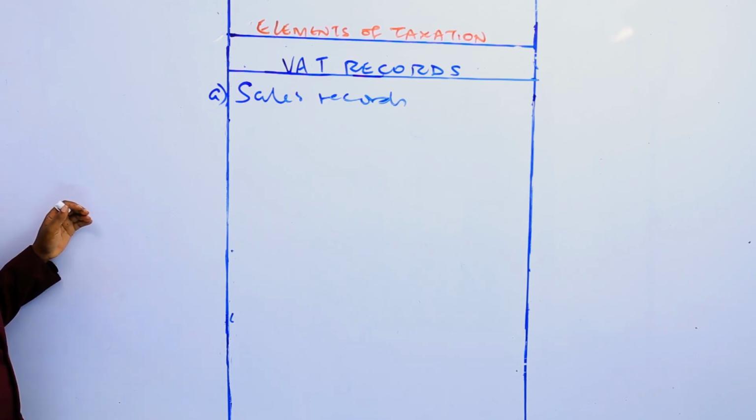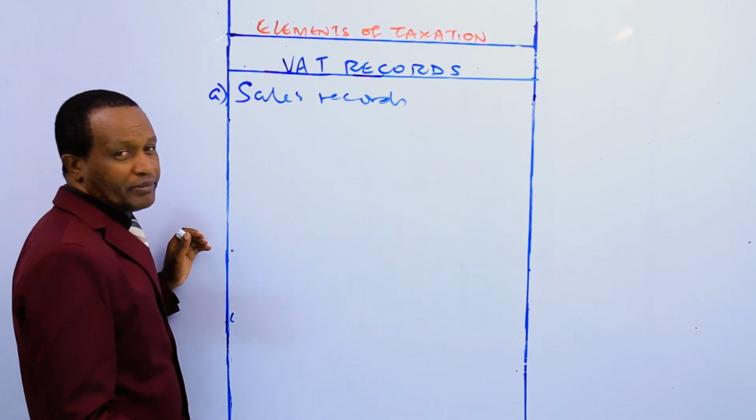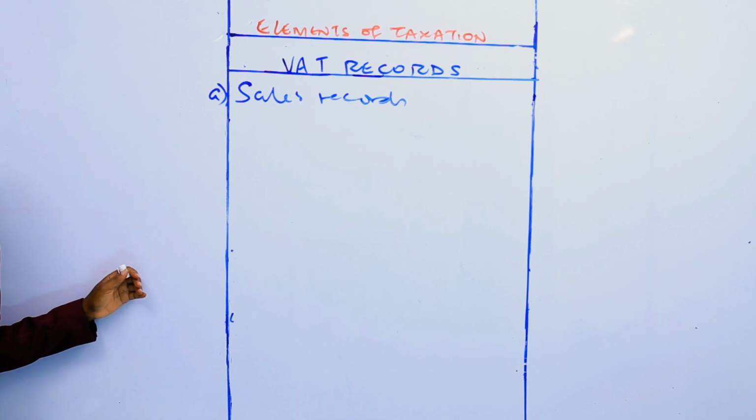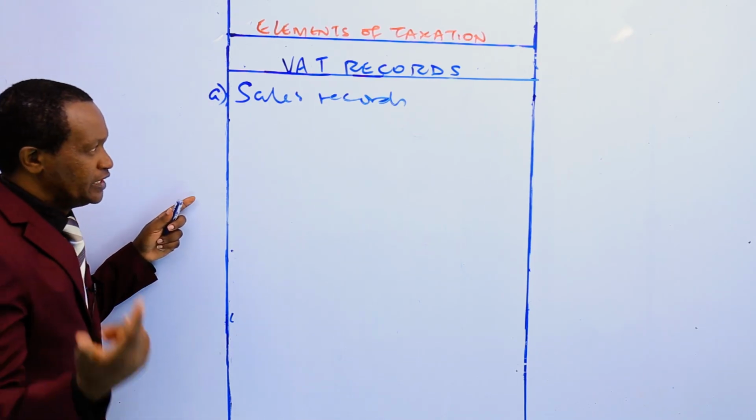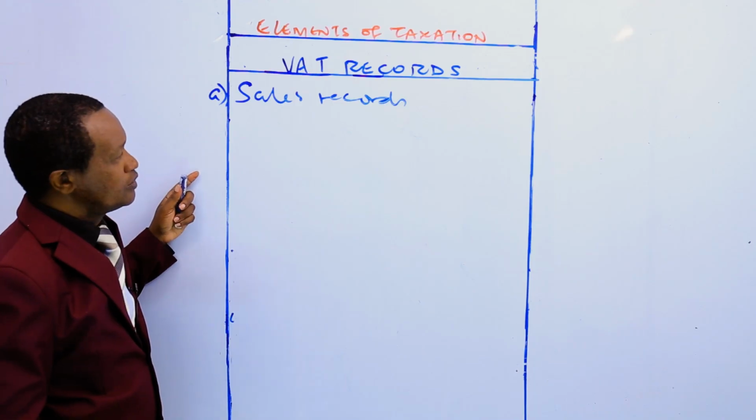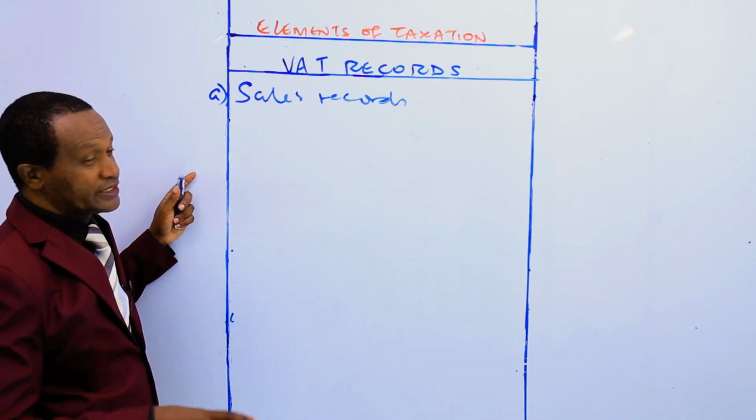And these invoices ought to be serially numbered. We may also have copies of serially numbered credit notes, serially numbered debit notes, and records of supplies to privileged persons or institutions showing reason for 0% VAT. Do you understand? The sales records.